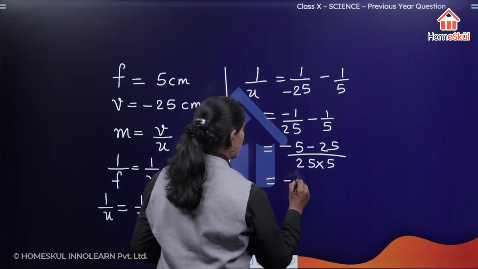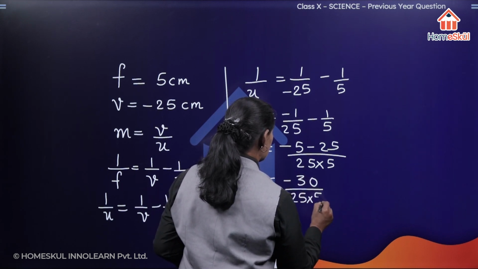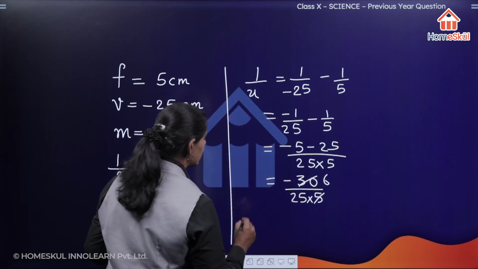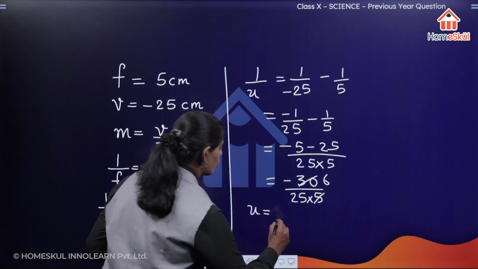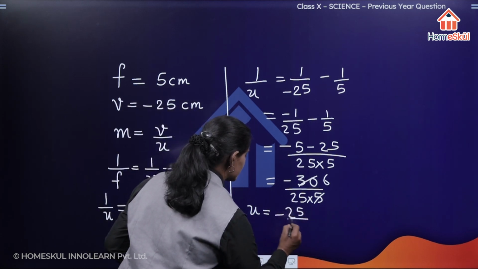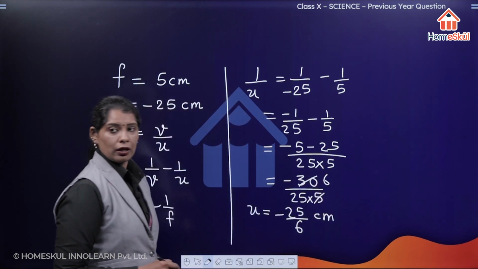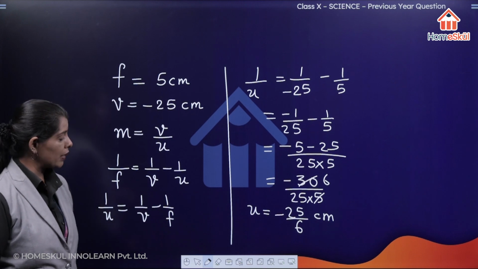That gives you minus 30 by 25 into 5. Now 30 and 5 are divisible. 5 6 times is 30. And we have to find out U, which is a reciprocal. So we get U equal to minus 25 by 6 centimeters. Right. Clear? So according to this, we have got U equal to minus 25 by 6 centimeters.